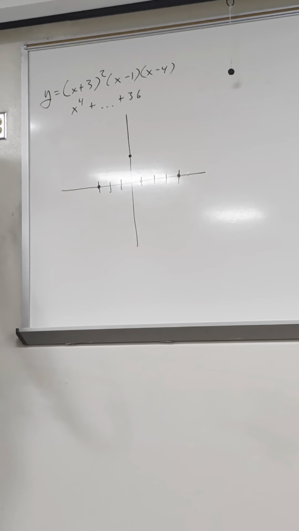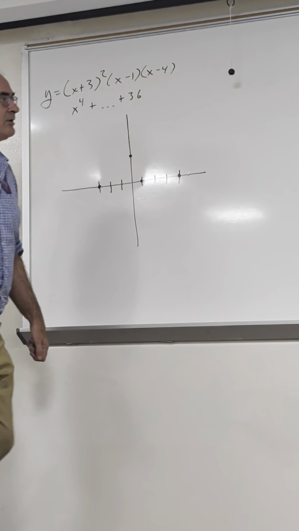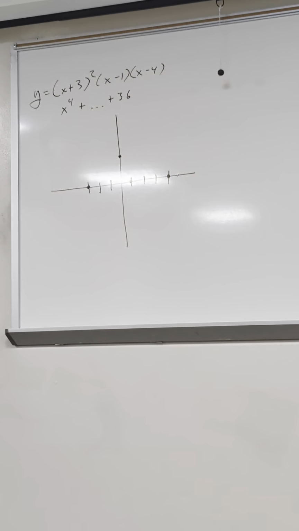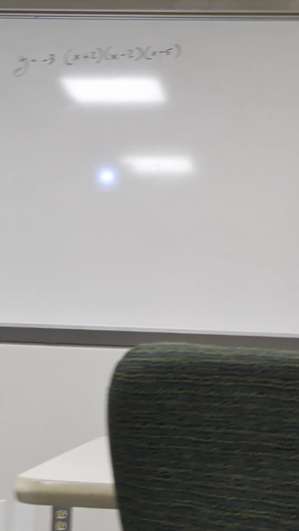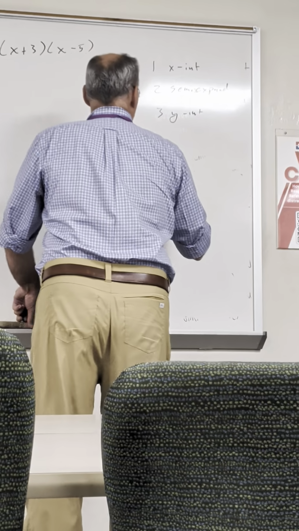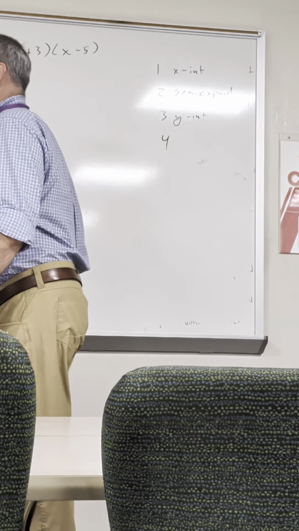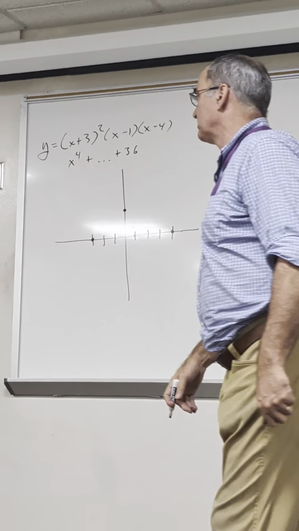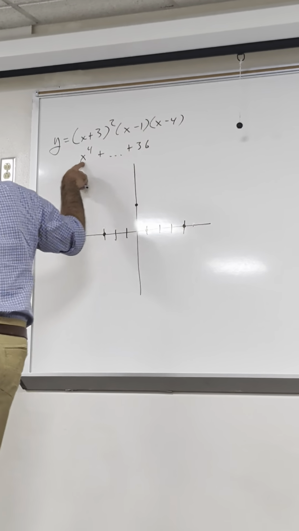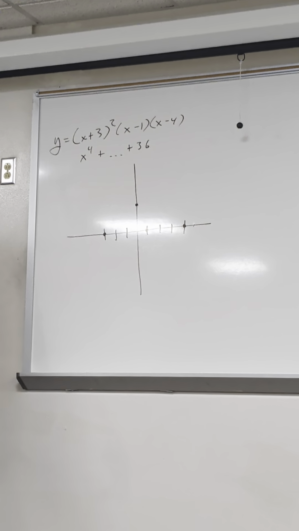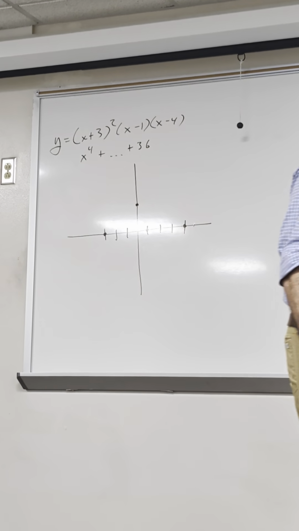I can label now, or I can label later. Oh, sorry, that was step 3. Y-intercept. Step 4, I look at the lead coefficient. That's going to tell me tail behavior.